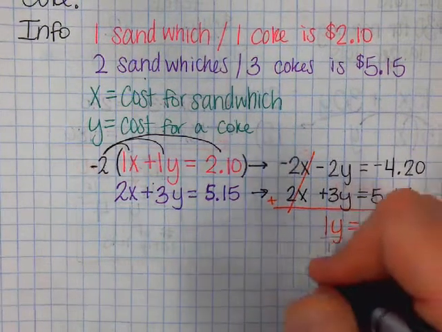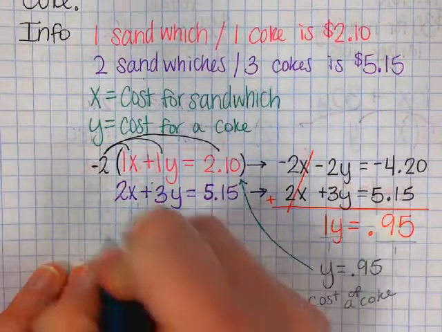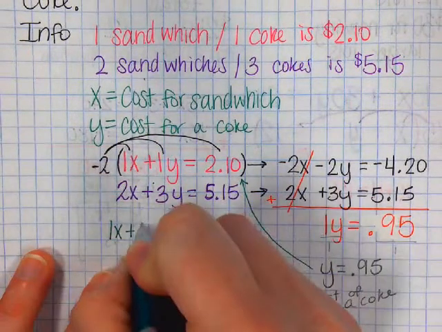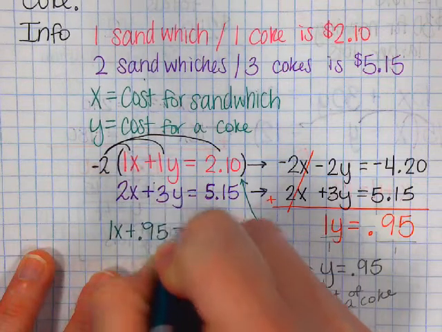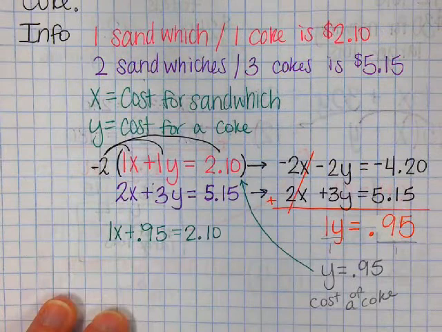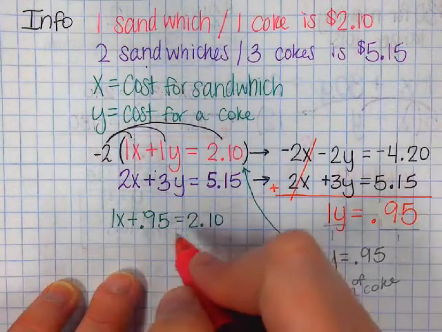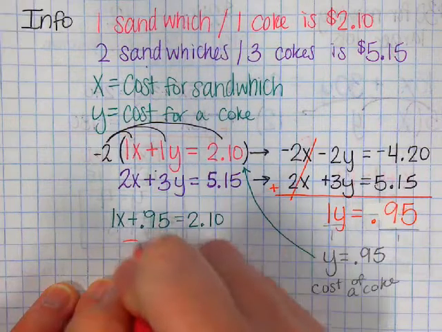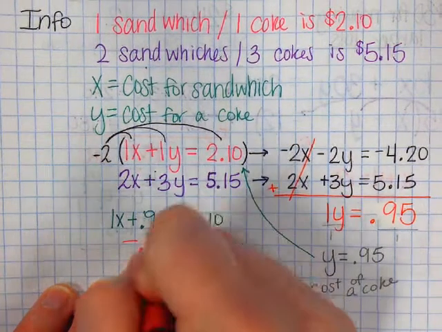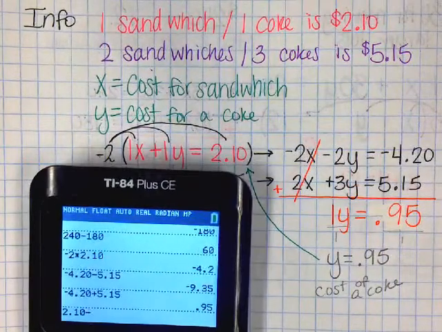Okay, now plug that back into either equation. Again, I'm going to do the easier one that doesn't have a bunch of extra numbers. So I'm going to do 1x plus 0.95 equals 2.10. So it's $2.10 for one Coke and one sandwich. I'm going to subtract the cost of one Coke, and that's going to give me the cost of the sandwich.